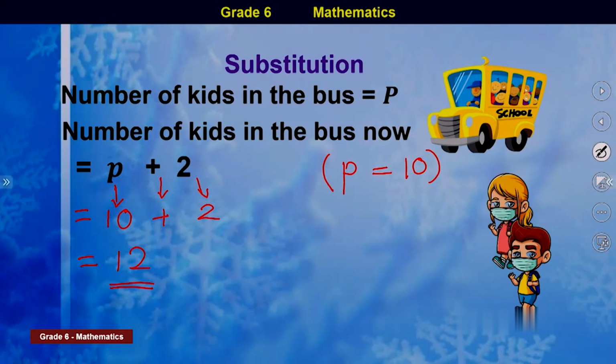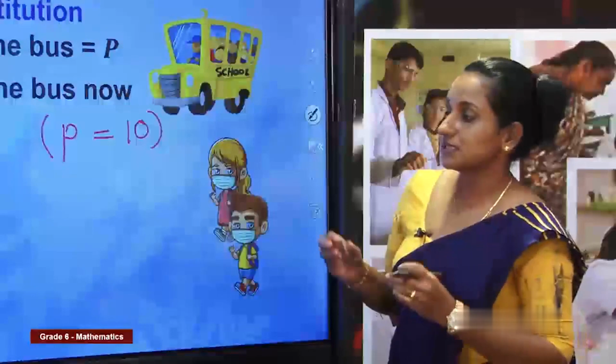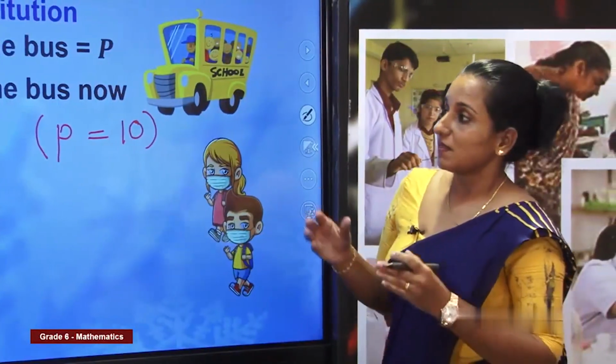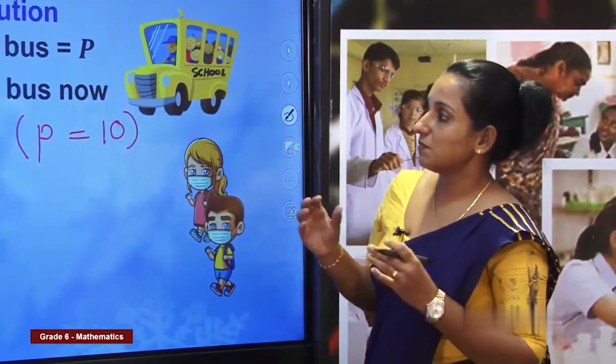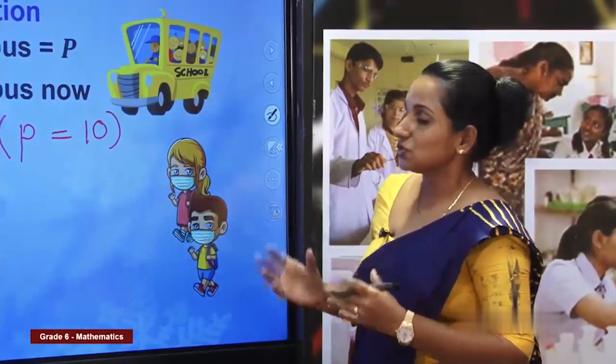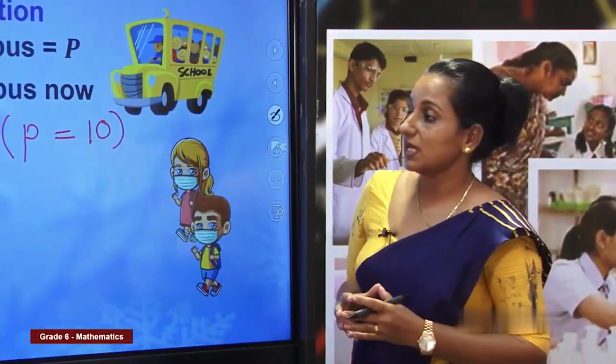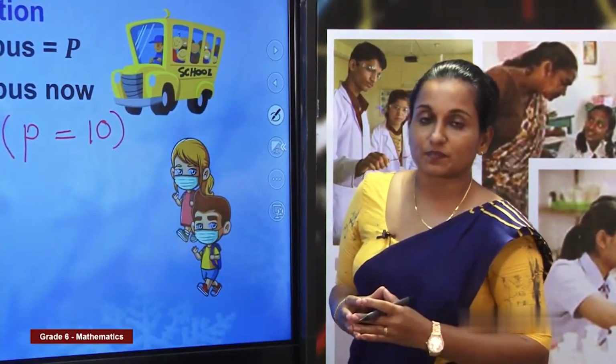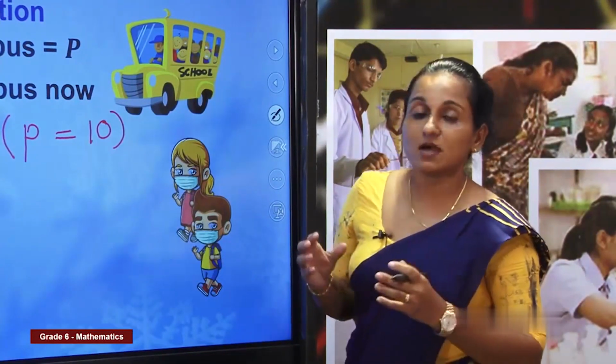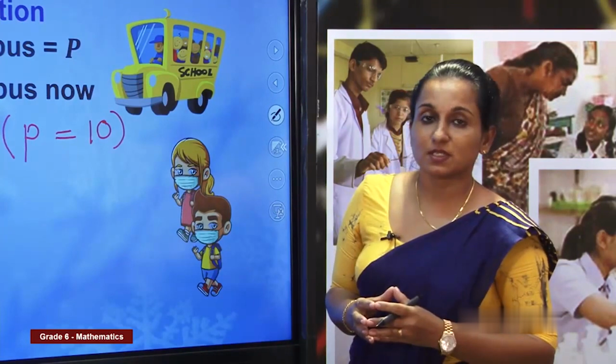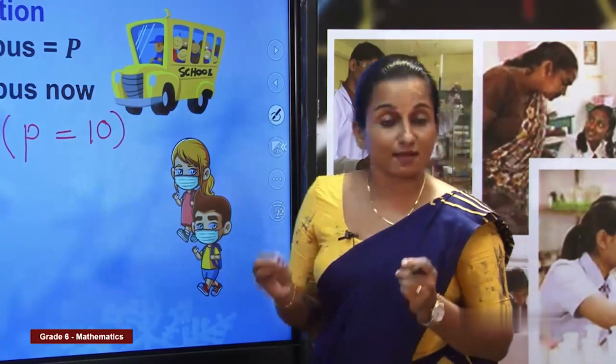When the number of kids in the bus is 10, the number of kids in the bus after these 2 kids got on is 12. Did you get the idea of substitution? Then shall we move to another example?